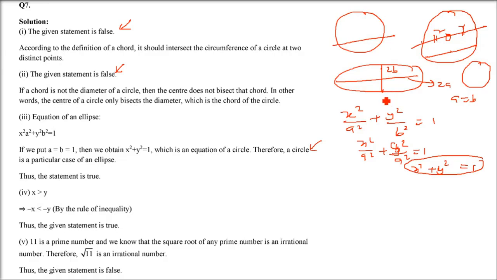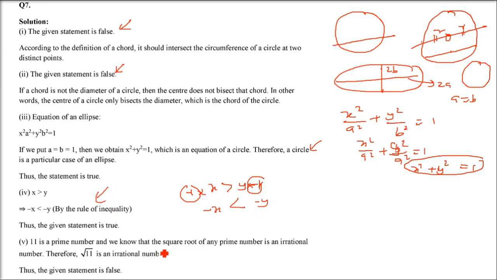Next one. If x and y are integers such that x is greater than y, then minus x is less than minus y. What does it mean? x is greater than y, and by inequality we know that if we multiply both sides by a negative number, say minus 1, the inequality will change. So it will be minus x less than minus y.